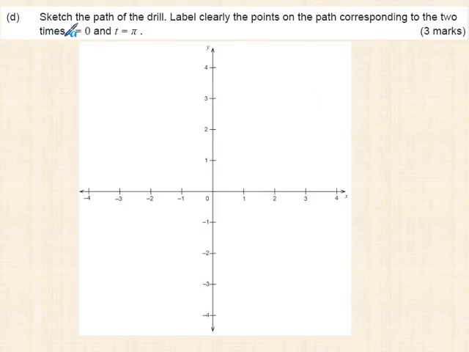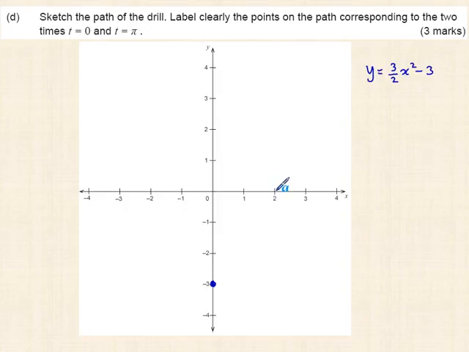Finally, in part D, we want to sketch the path of the drill, labelling clearly the points on the path corresponding to the 2 times t is 0 and t is pi. We know that it was y equals 3 over 2 x squared minus 3. So we can see the minimum point's going to be here.